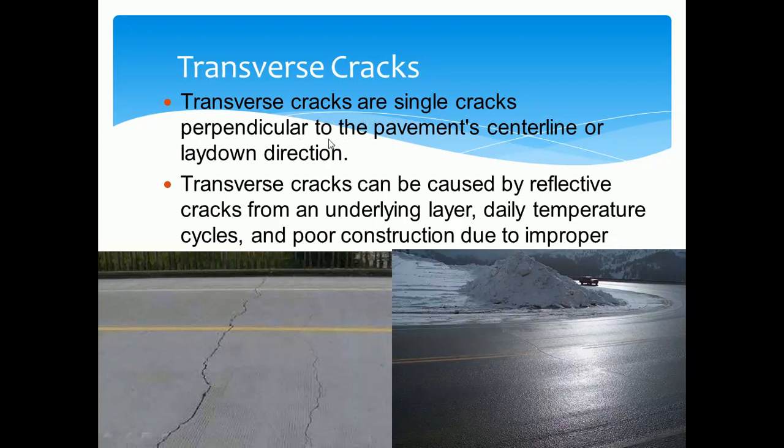This may be caused because of the variation in the temperature, or maybe poor construction, or maybe improper placing of the materials at the time of construction. We may observe this type of crack, that is transverse crack.